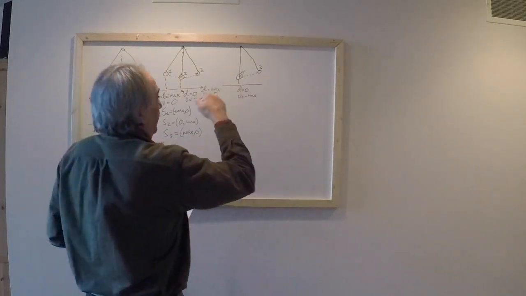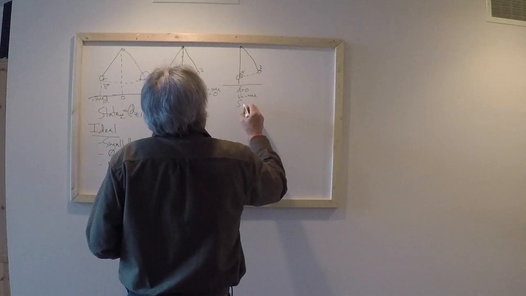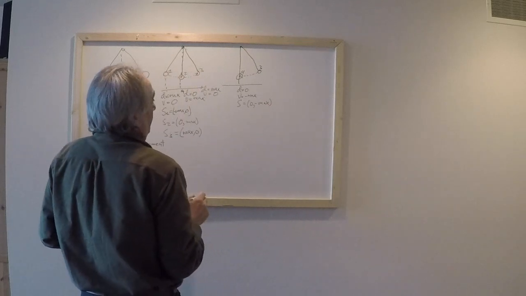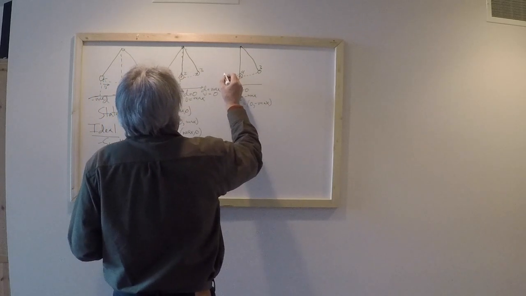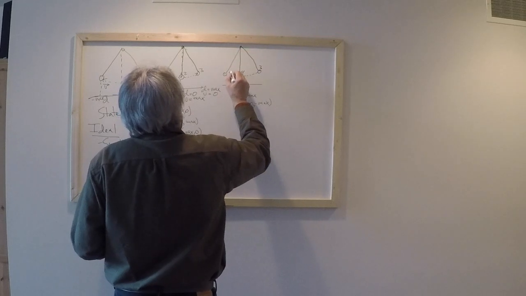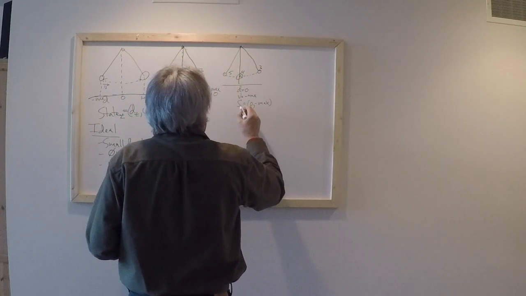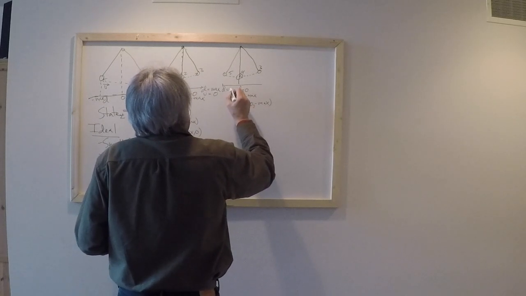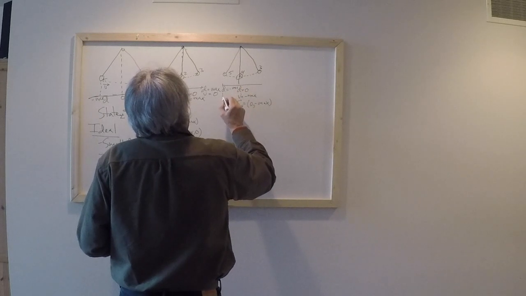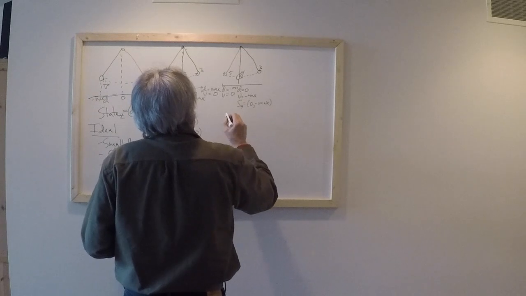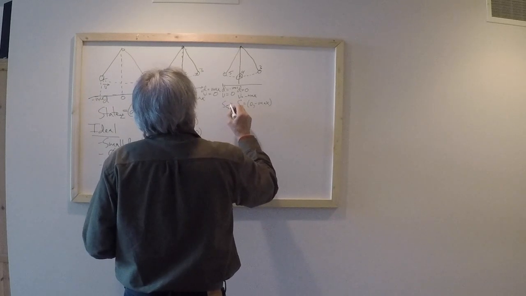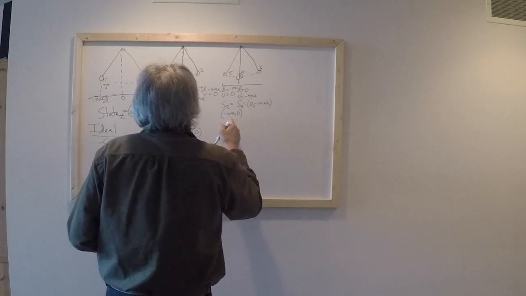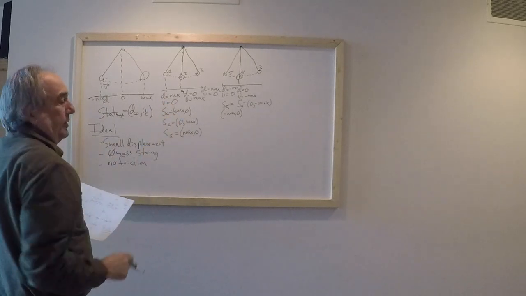So the state is 0, minus max. And then when we get back to this point, time 5, d is equal to minus max, and v is equal to 0 once more. So the state at time 5 is minus max, 0. Back to that state.